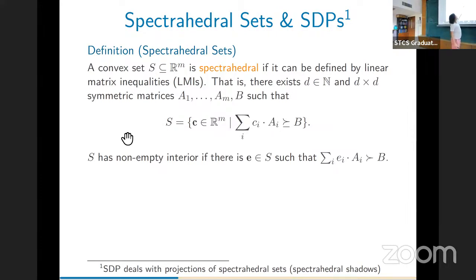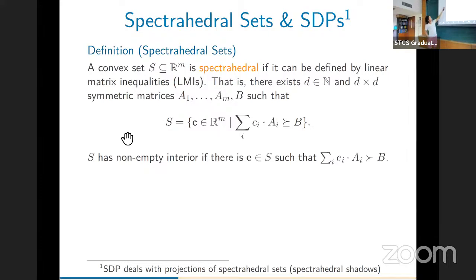So S is, let's say, the set of points c such that the sum of c_i A_i is greater or equal to B in the Löwner order, right? Think about your linear inequalities, just replace the linear with symmetric matrices, and you want something to be positive semi-definite. That's what the linear matrix inequality is.